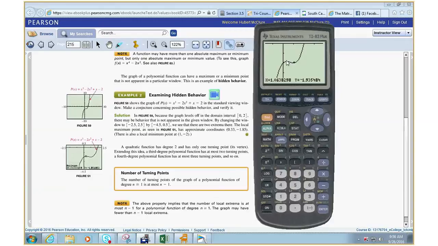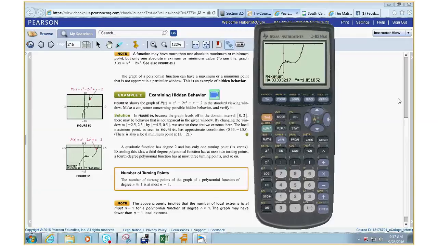So I'm going to calculate. I go to second, trace, and maximum. Then I put the left side where I think the max is, and the right side. That narrows down the search for the calculator. You don't have to, but it narrows it down. And there is your max, 0.33 and negative 1.85.